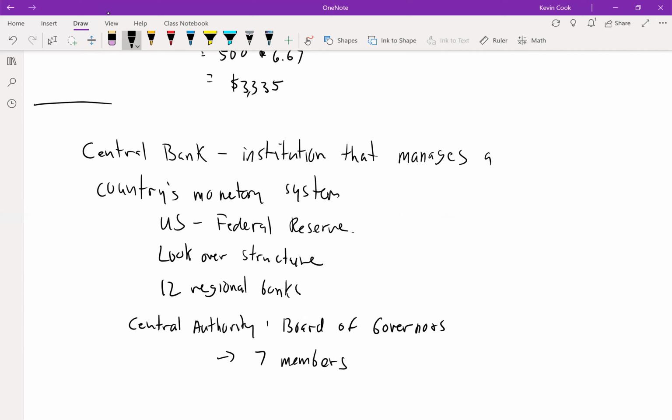So that's our central bank, a little intro to our central bank and the Federal Reserve, and a re-walk over what they do and what they are.